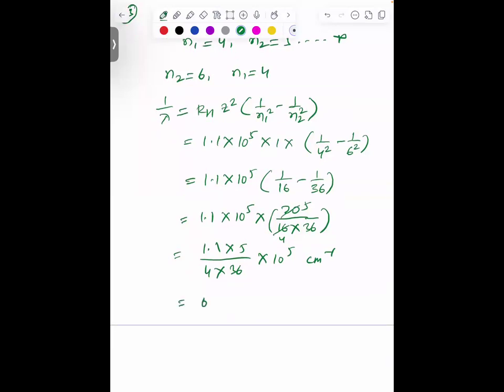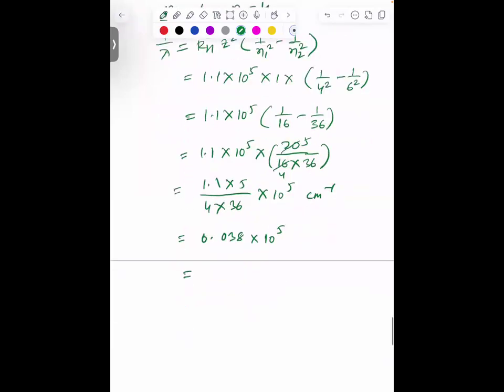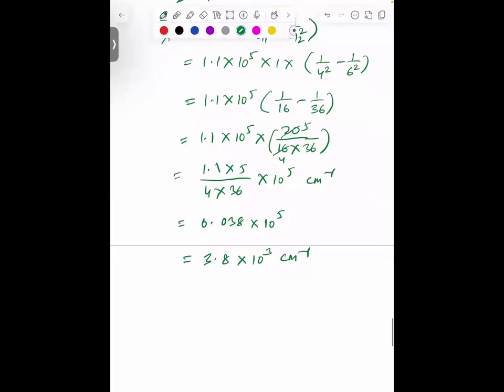So it is coming 0.038 into 10 to the power 5, or in scientific notation 3.8 into 10 to the power 3 centimeter inverse. That is 1 by lambda.